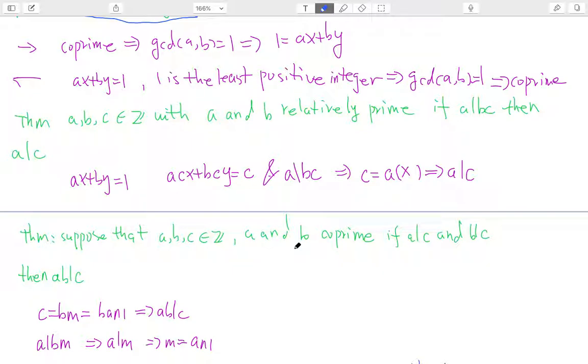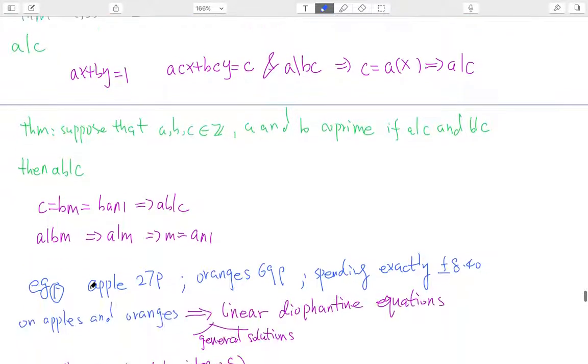The reason is that A and B are not coprime in this case. So this condition is quite important. We need to keep in mind, when we are dealing with these theorems and propositions, how they can be used in practice. There are some conditions that cannot be neglected.